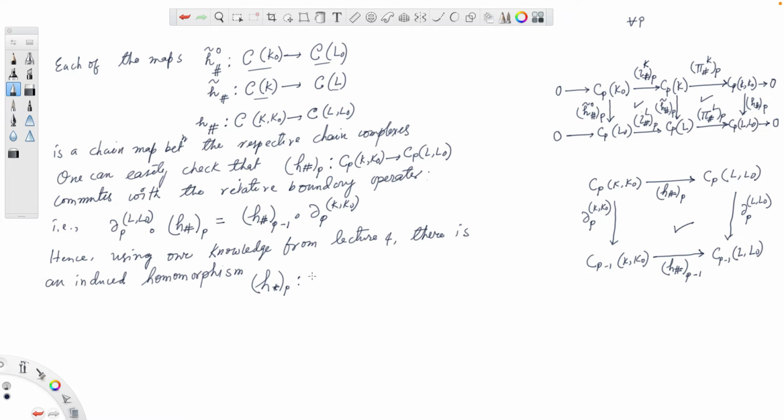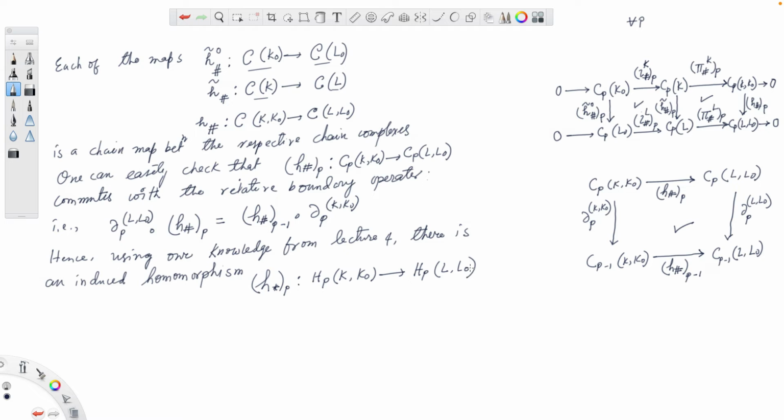So this is going to be a group homomorphism between these two relative homology groups, the pth relative homology of K mod K0 to the pth relative homology group of L mod L0. Okay.